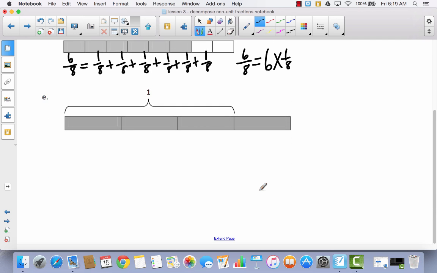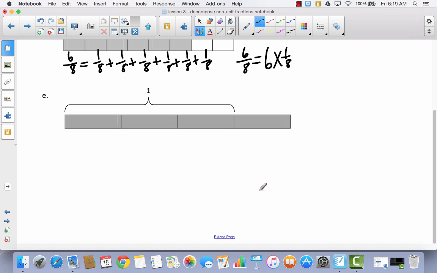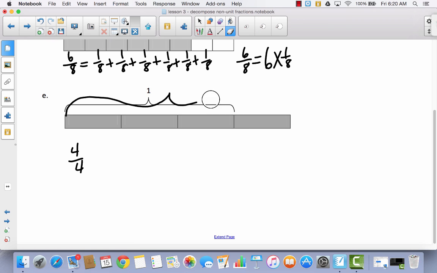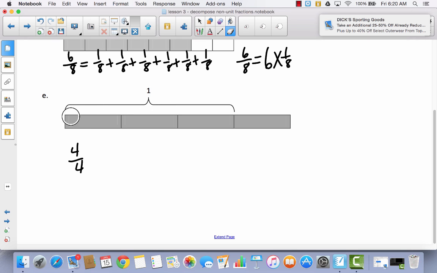All right, so this one's a little bit different. You're going to notice, first of all, it's greater than 1, okay? But that doesn't really change anything, except it does change the number that goes on the bottom. If you thought to yourself that this was 4/4, that wouldn't be true, because in order for this to be 4/4, this would have been the whole. But because this is not the whole, that tells us that this is not 4 out of 4.